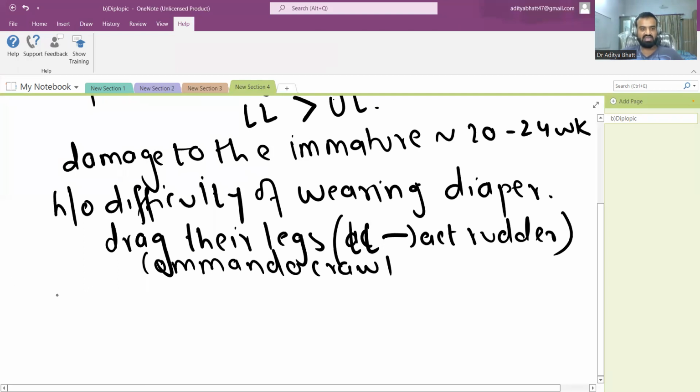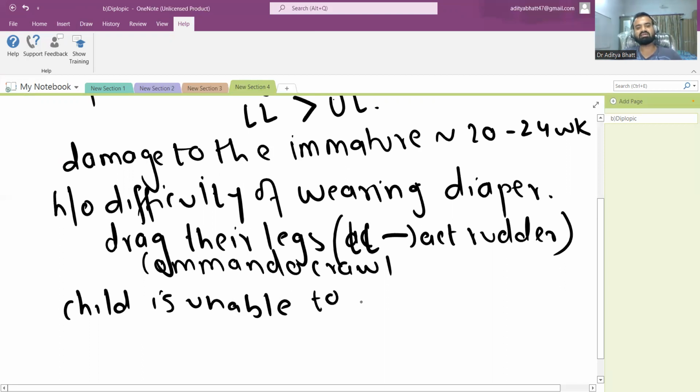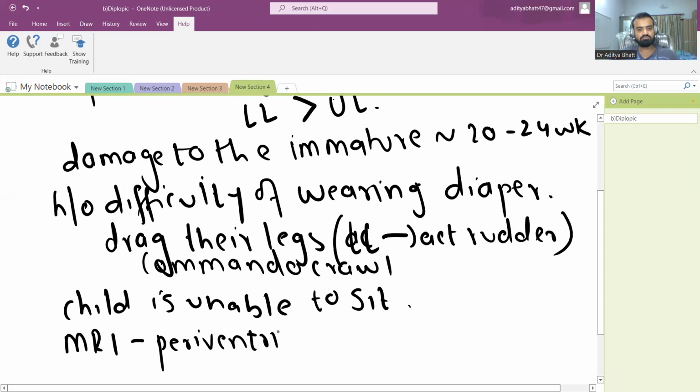Then later on, the child is unable to sit, and later there is disuse atrophy of the muscle. There is a long-term issue of cerebral palsy, with a lot of disuse atrophy. And when you do an MRI, you see periventricular leukomalacia, a whitening of the periventricular white matter.